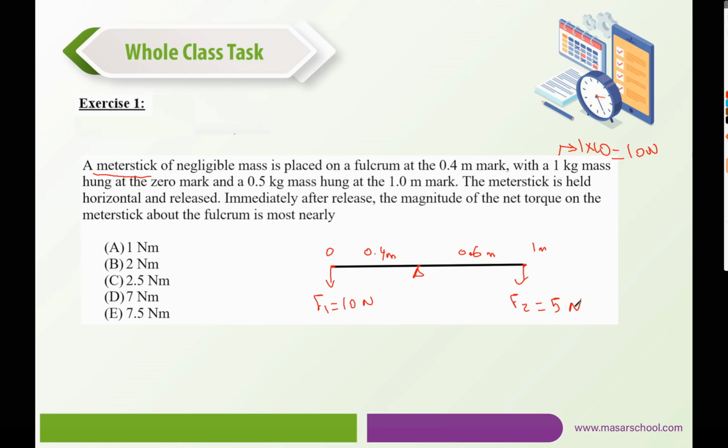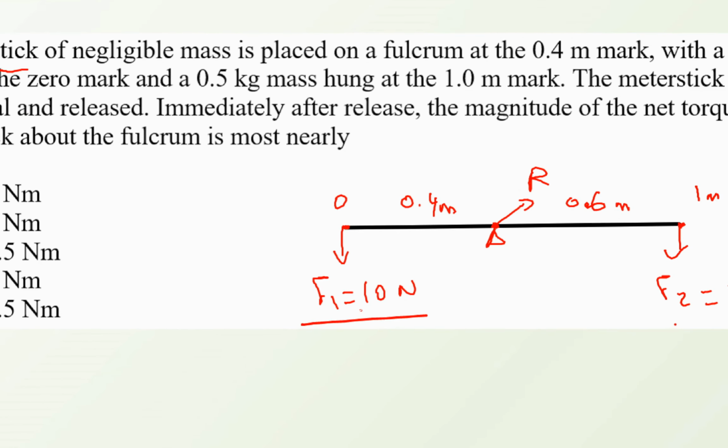Now these are the 2 apparent forces. What about the hidden forces, like the pull of gravity and the reaction force? We don't have the pull of gravity simply because the meter stick is of negligible mass, so I won't represent it. And here, somewhere at this point, in a random direction, we have the reaction R that will produce no torque. So basically the net torque would be the torque of this force plus the torque of this force plus this one, which is 0.